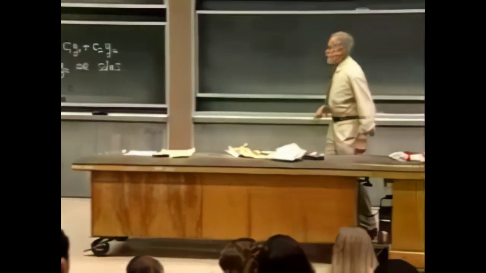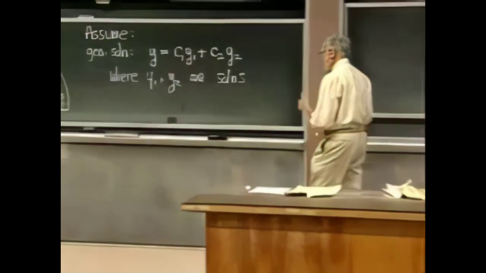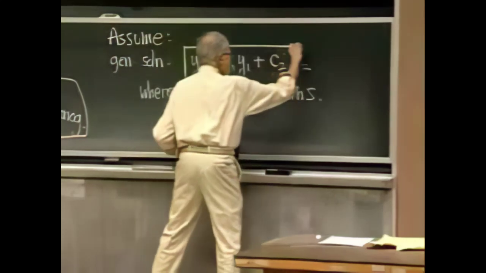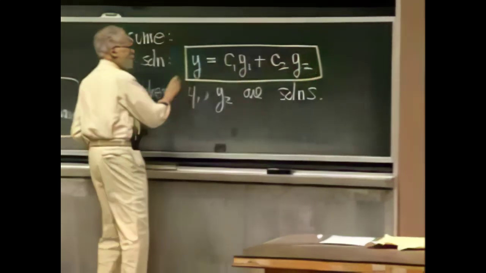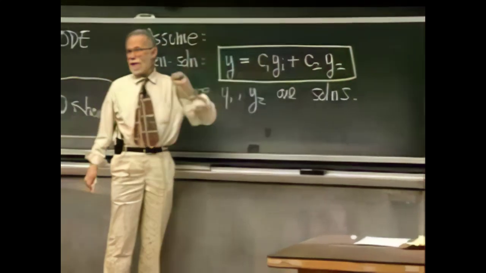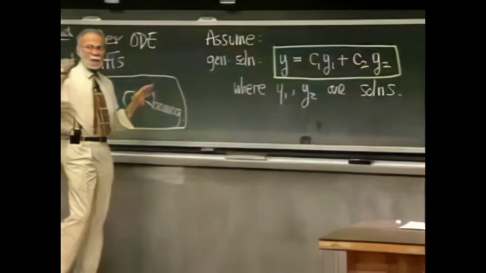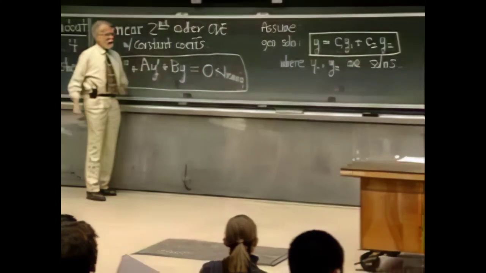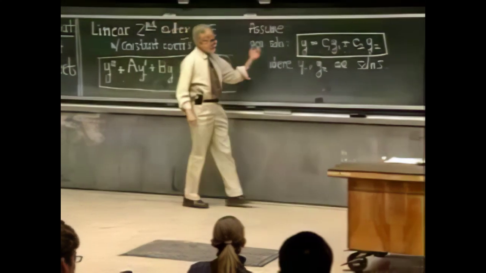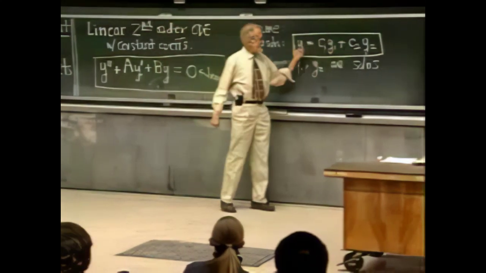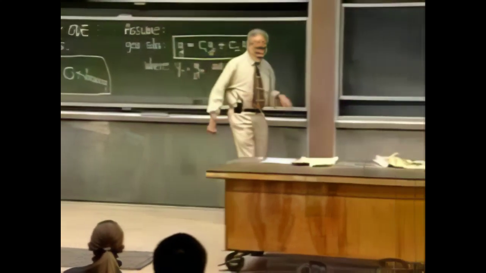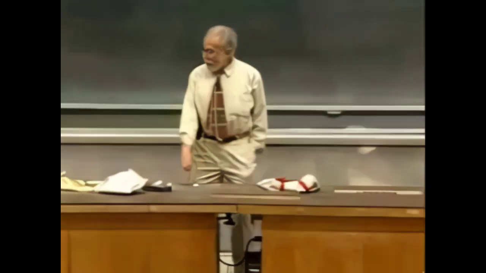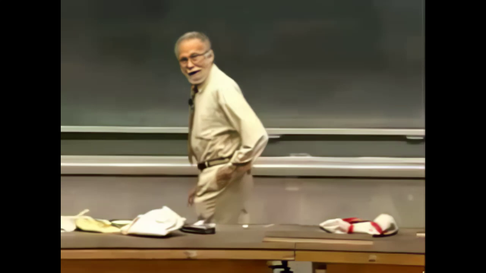Now what that shows you is that the task of solving this equation is reduced in some sense to finding just two solutions of it somehow. By hook or crook, all we have to do is find two solutions, and then we'll have solved the equation, because the general solution is made up in this way by multiplying those two solutions by arbitrary constants and adding them. So the problem is, where do we get those solutions from?